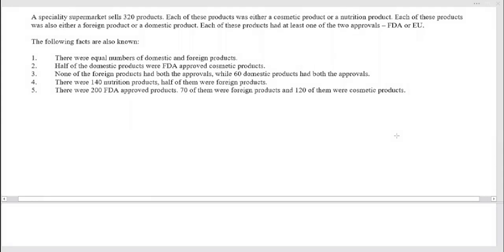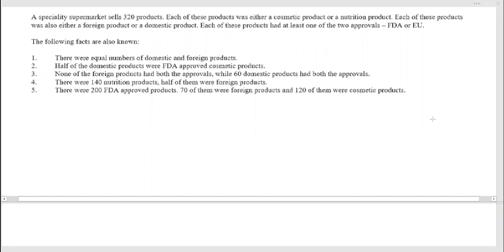Let us try to understand one type of Venn diagram set. We have seen 3 set Venn and 4 set Venn, but we have not yet seen this type of set, which is applied in this case, the CAT 2022 slot 2 examination.